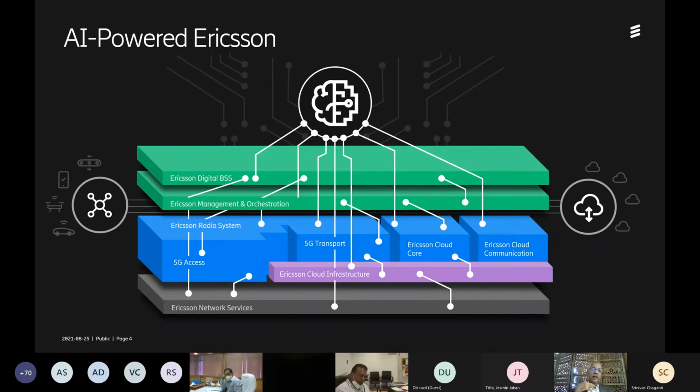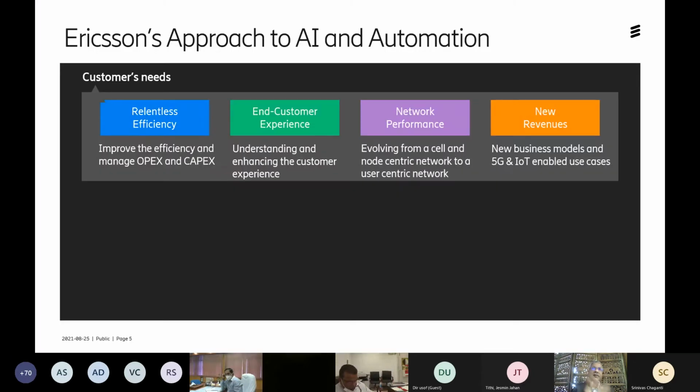So this is the way we see Ericsson evolving and transforming its own portfolio with the adoption of AI/ML. With that, the business considerations that I guess one needs to focus on. There are 4 areas, as you are able to see here.